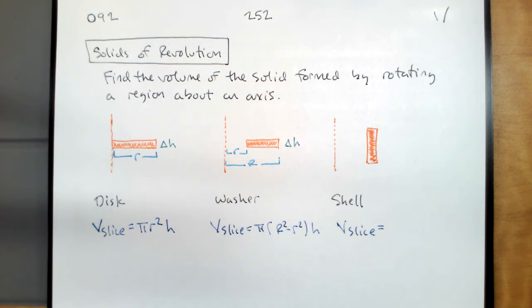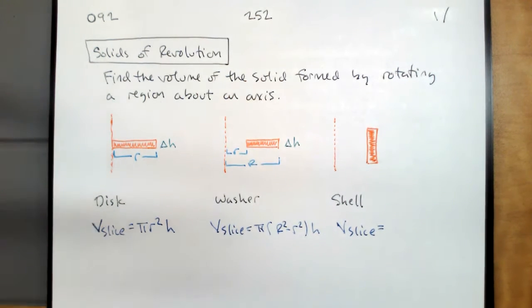And we usually call those discs and washers because it matters if the slice is attached to the axis of rotation. That is, the axis of rotation is a boundary of the region. That means the slice will always be in contact with the axis of rotation. And so we won't have a hole in our slice.